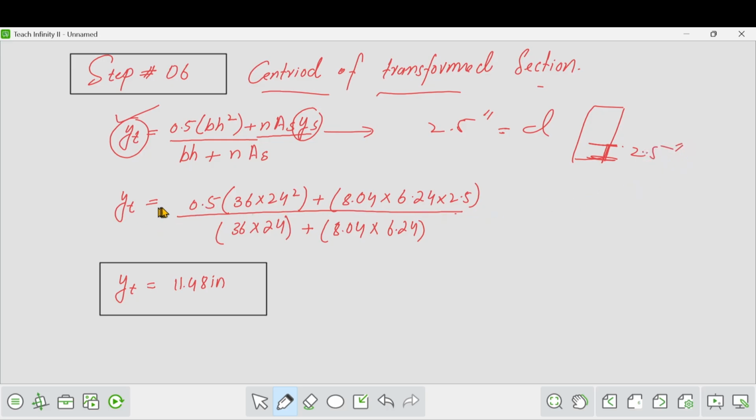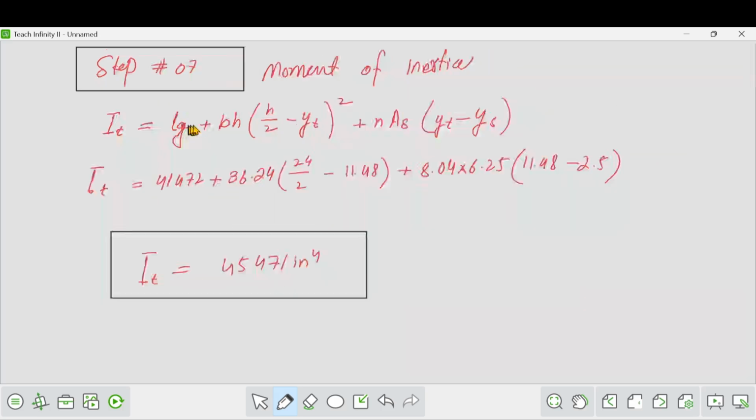If I plug in the values of all these parameters, I will get the centroid of the transformed section, which is 11.48 inches.